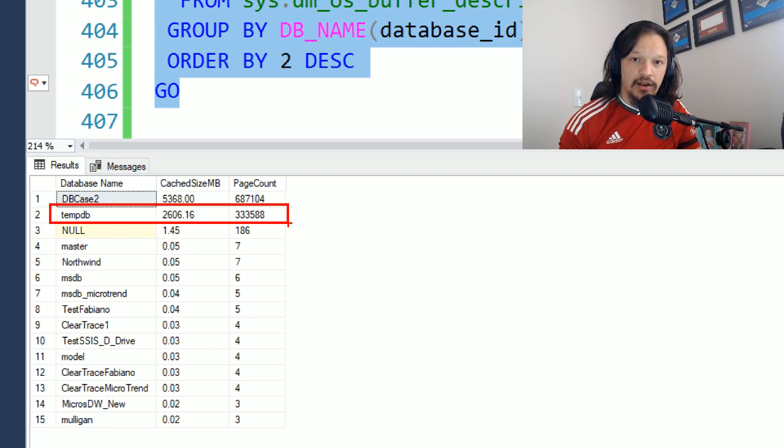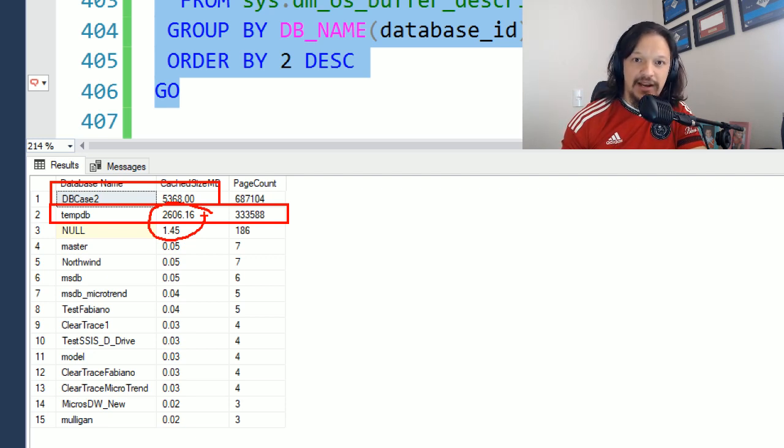They were allocated. And then notice that DBCase2, which was using 8 gig, is now only using 5 gig. So that means when you ran your query to insert a lot of data into tempdb, tempdb had to insert those rows in memory, but the memory was not available.